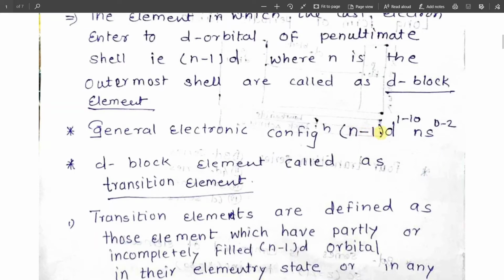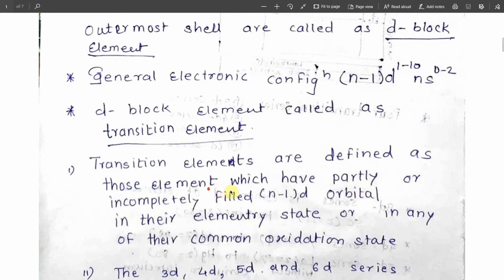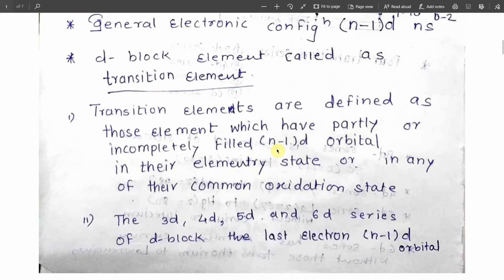General electronic configuration of transition elements: (n minus 1) d, acquiring a maximum of 1 to 10 electrons, and ns with 0 to 2 electrons. D block elements are called transition elements.